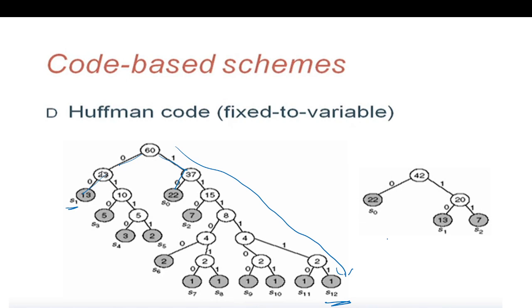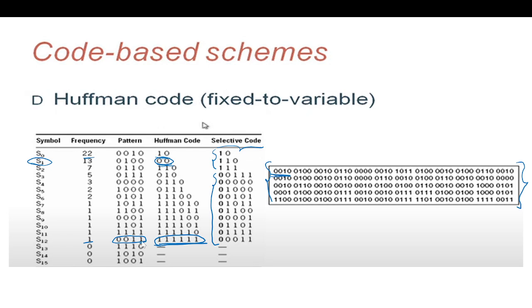One more thing, this tree has to be stored in the decompressor. So you can see this tree is a little large. That's why we go for selective.